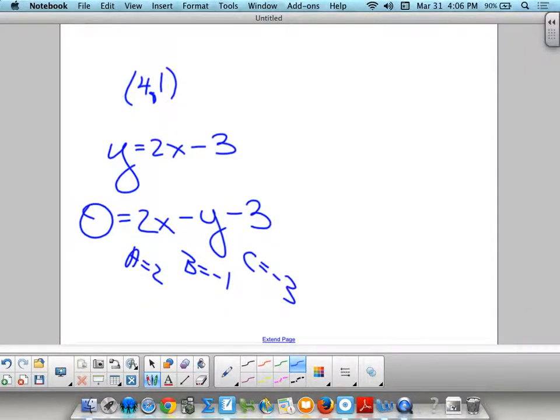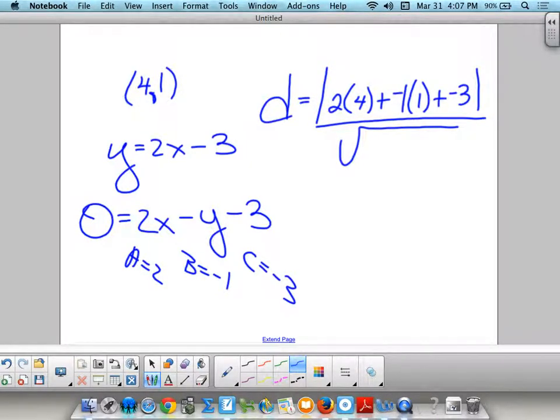All right. And then I plug it into my formula. The distance between the point and the line is the absolute value of a times x plus b times y plus c over the square root of a squared plus b squared, 2 squared plus -1 squared equals 4, 5, square root of 5, right?